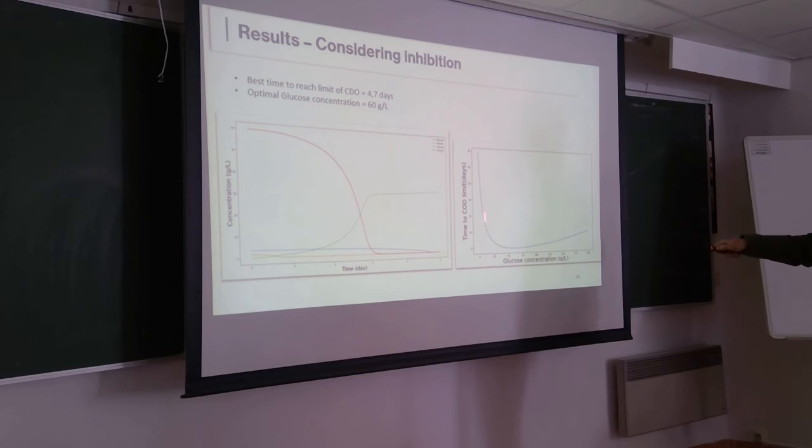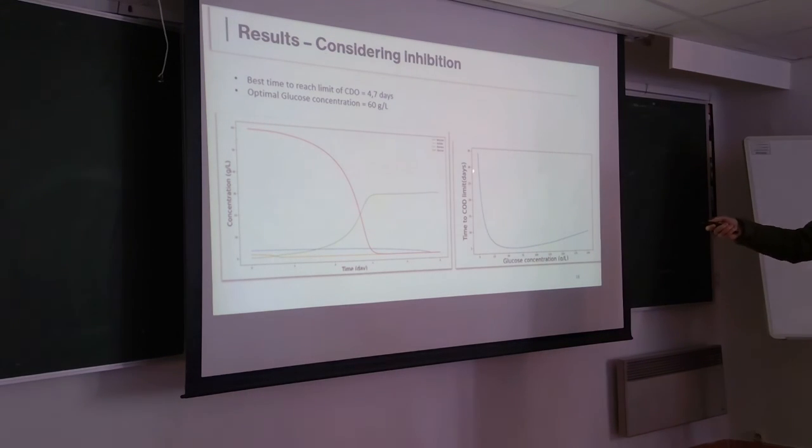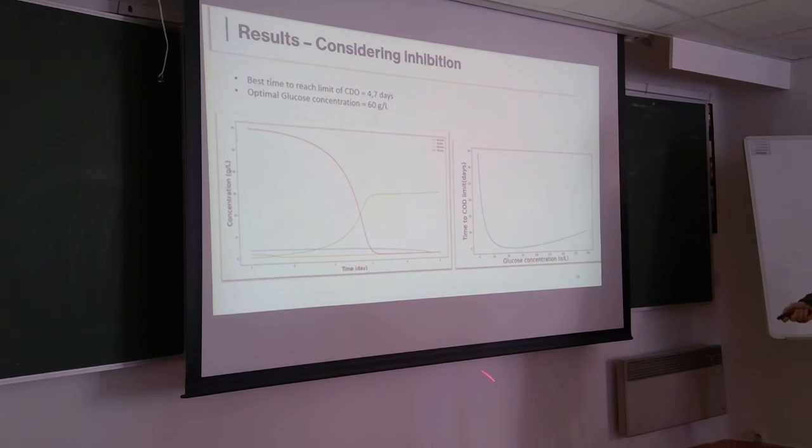If you don't put any glucose, we actually have more than a month to consume all the butyrate and acetate. So clearly adding glucose is a very good strategy to reduce the time and optimize the coupling system between dark fermentation and microalgae.